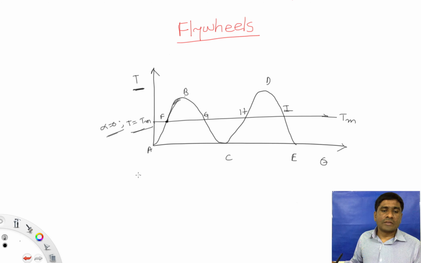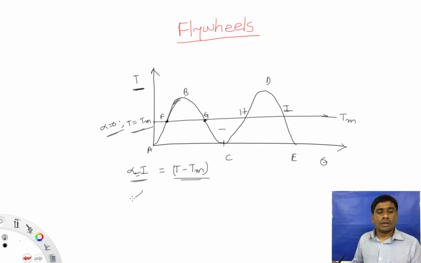So the acceleration gained when the crank is rotating from F to B is alpha gain, when torque is T minus T mean, that is equal to I into alpha, where alpha is the angular acceleration. In the same way, when the crankshaft is rotating from G to C, the engine or crankshaft or flywheel will be decelerated because of the deficit area.